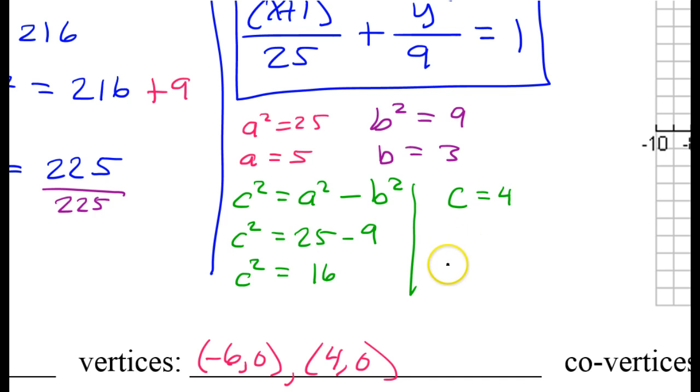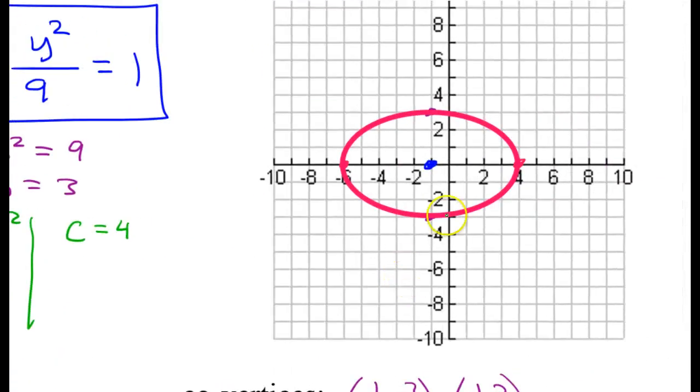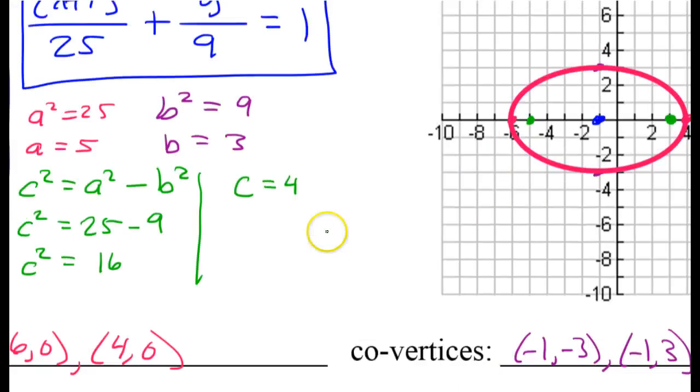All right, so that c value will lead me to the foci because I will go 4 away from the center. So if I go 4 to the right, that's going to put me right here. If I go 4 to the left, that's going to put me here. So my foci are -5, comma, 0 and 3, comma, 0.